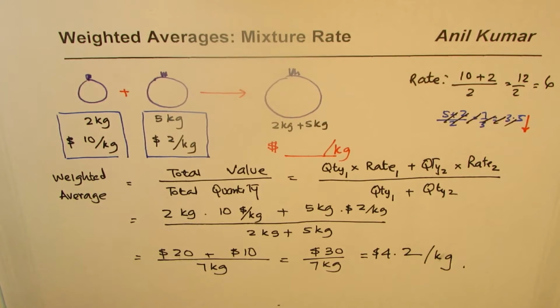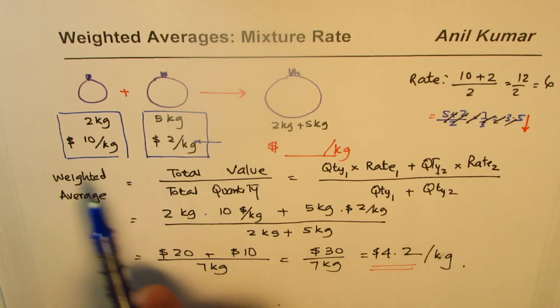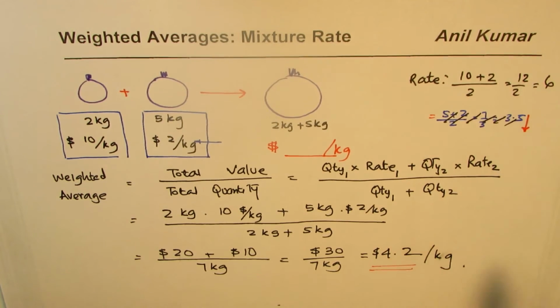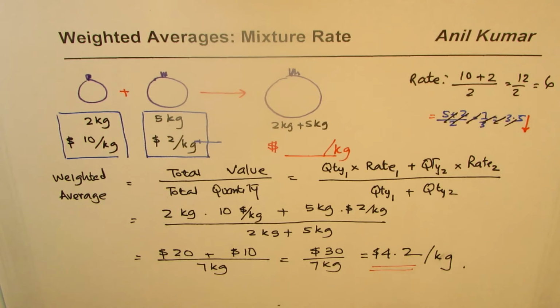So it is indeed lower than 6. It is 4.2 per kg. So that was a mistake. We need to consider the rate, so rate was 10 and 2, which is 12. So it is much lower than 6. It is $4.20 per kg. So I hope that helps you to understand the concept.